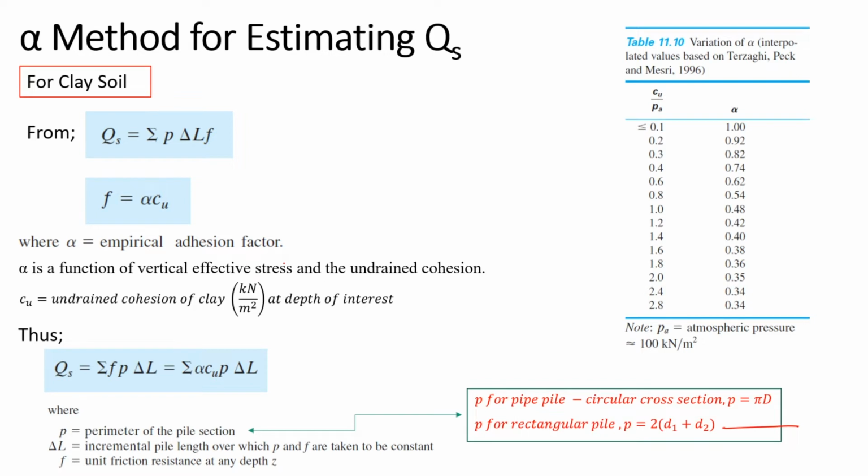If you have a square, you will have 4 times D. The perimeter is the total length of each length and width of the pile. And then f is the unit friction resistance that we can get from alpha Cu.